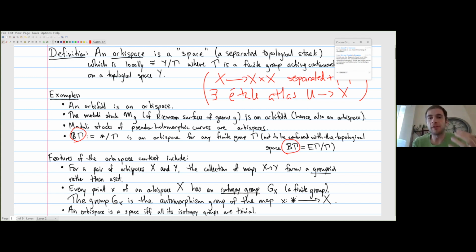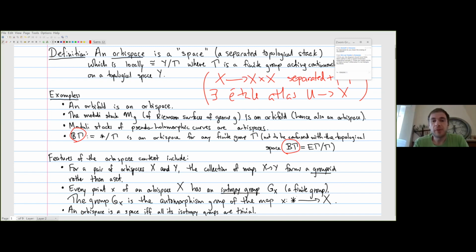There's no notion of equality for maps between Orbispaces. If I give you two maps from X to Y, you can ask for an isomorphism between those two maps. You cannot ask for them to be equal, or at least you should not. You could ask for them to be isomorphic, but better you want to have an isomorphism between them.